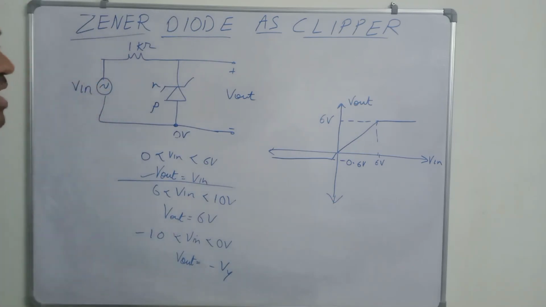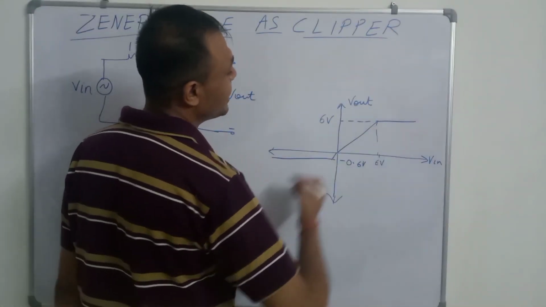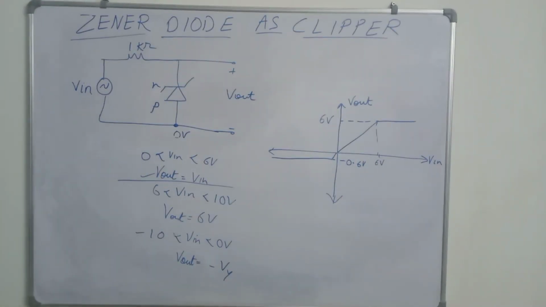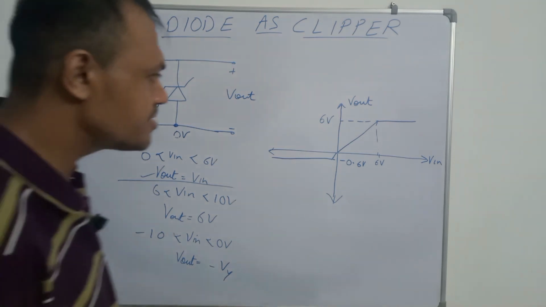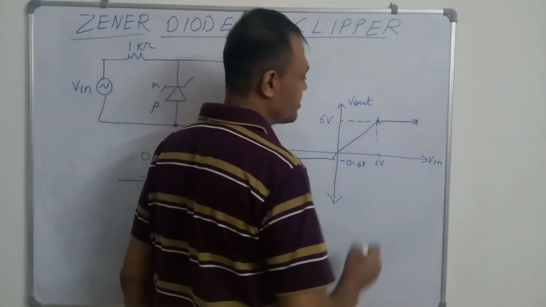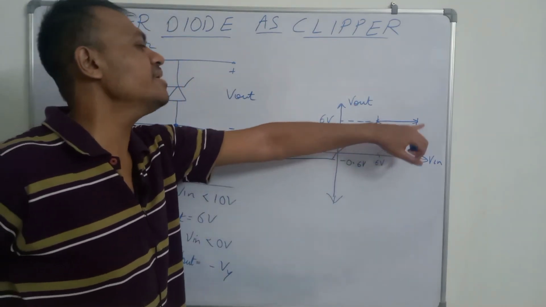So these are the transfer characteristics of the Zener diode. The output voltage is getting clipped where this is a flat line, where the slope is 0. In this region there is no change in Y for changes in X, so the slope is 0.